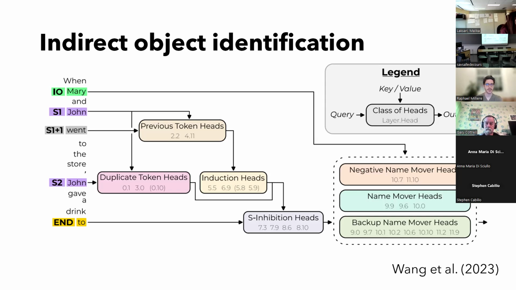I'm not going to go too much into detail because I was building on my previous explanation of induction heads, and it's not really very relevant for the overall argument, but you have different attention heads that specialize in different roles, different functions. So some of them will identify that John precedes the verb went in the first clause, and then another will identify that John in the second clause is a duplicate of John in the first clause.